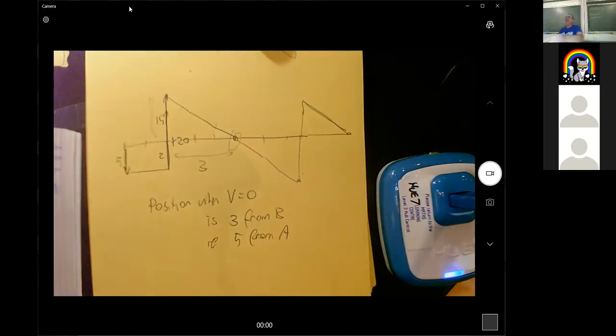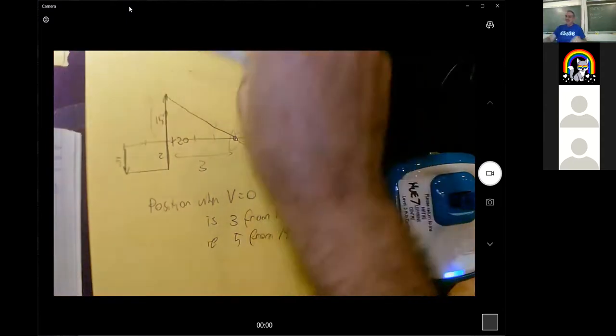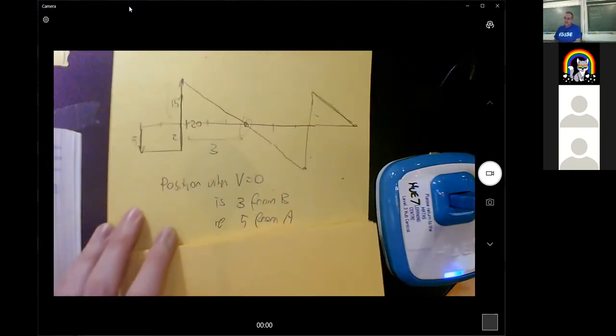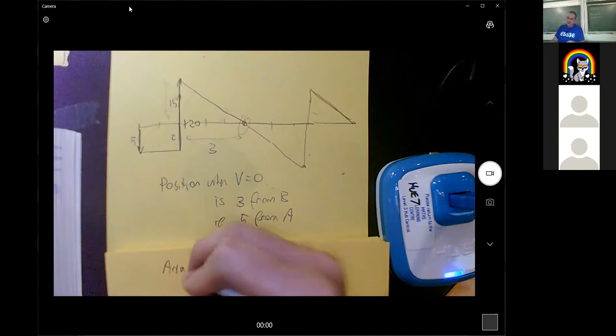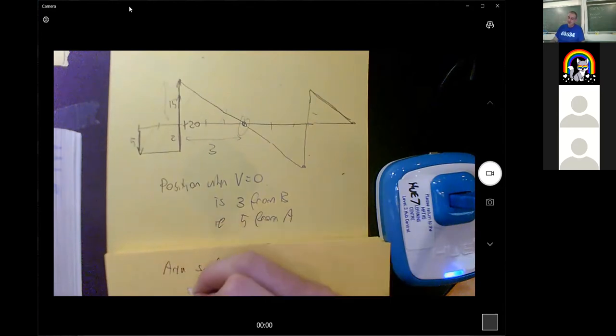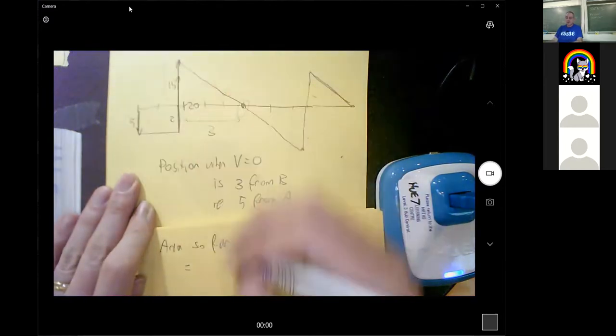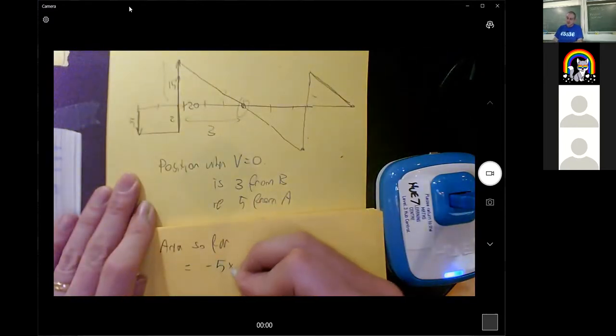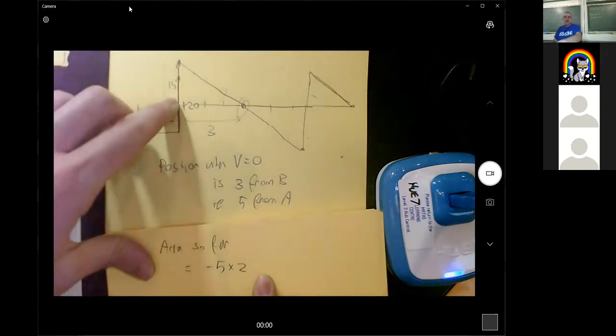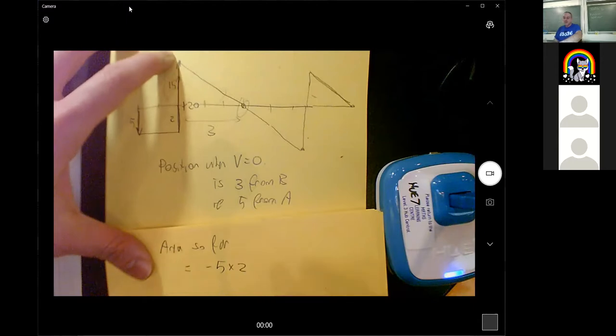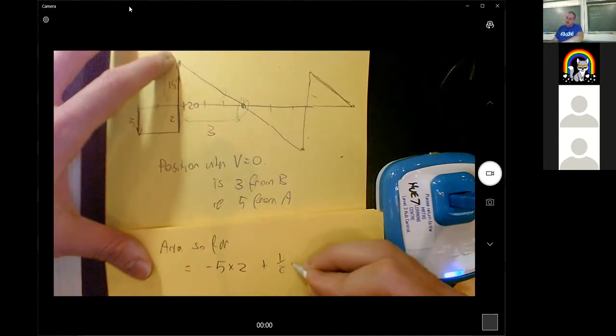Yes! So the area so far is, let's see, 5 down and 2 wide. So it's 5 down and 2 wide here. And then plus the area of this triangle, which is 15 high and 3 wide.